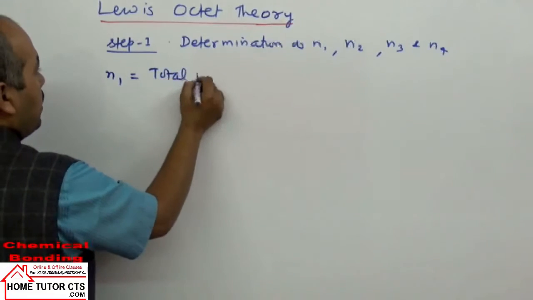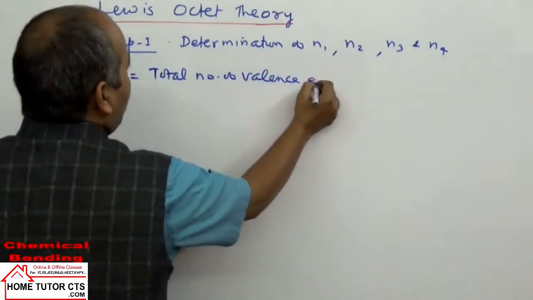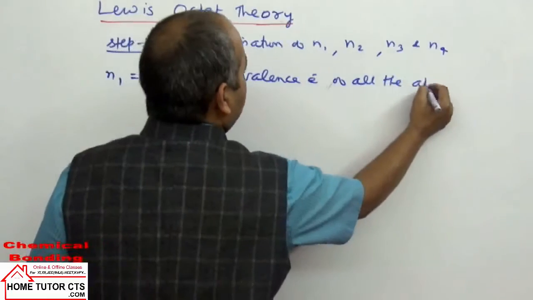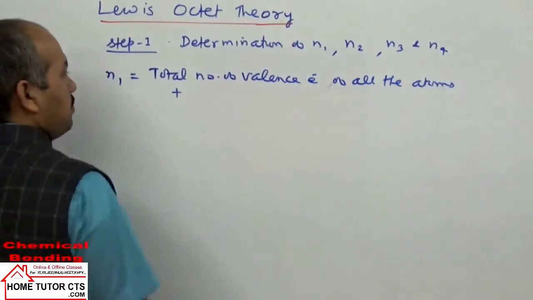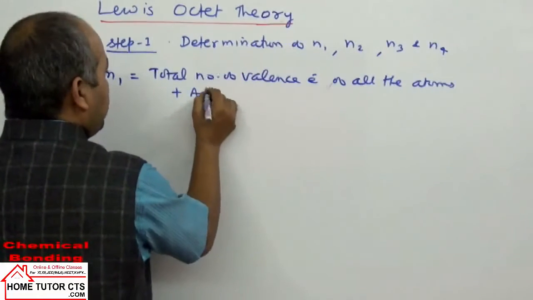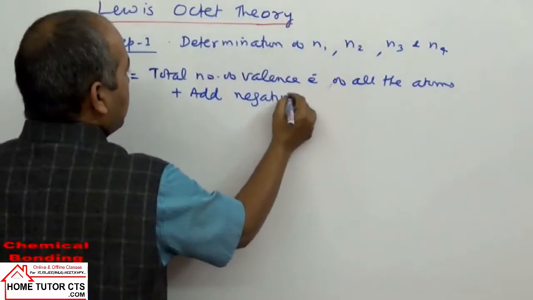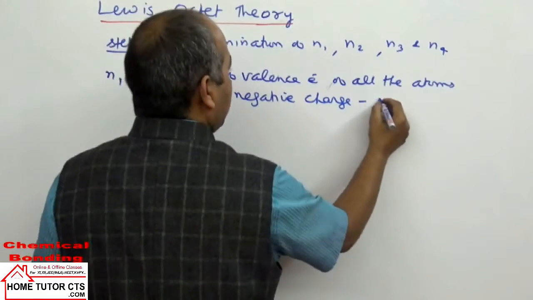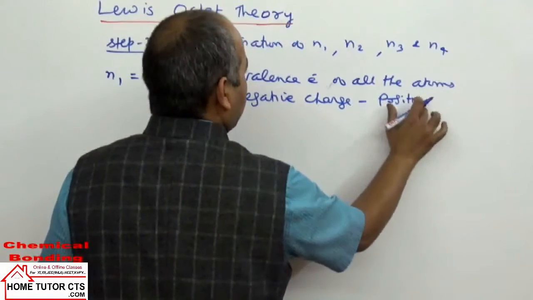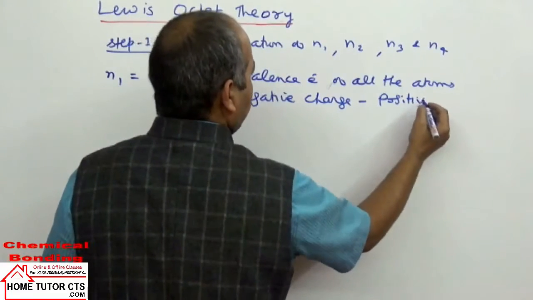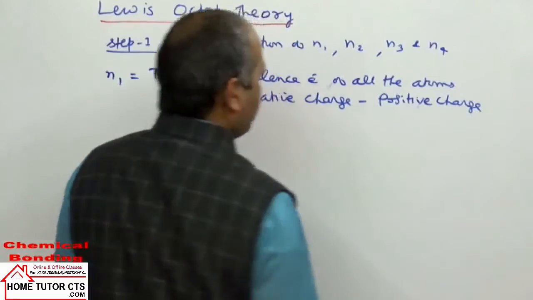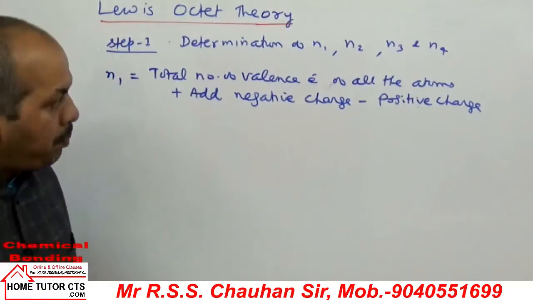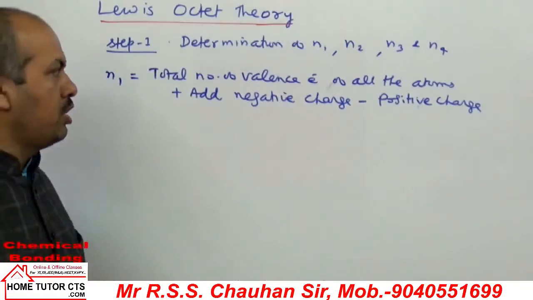It is the total number of valence electrons of all the atoms, plus, if you have anions, add the negative charge, or if you have a cation, subtract the positive charge on the ions or molecules given.